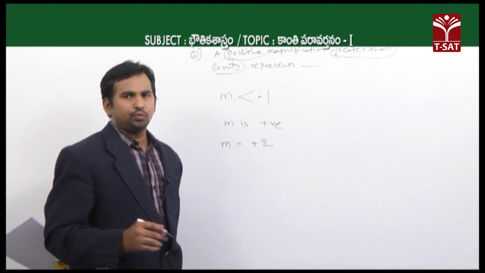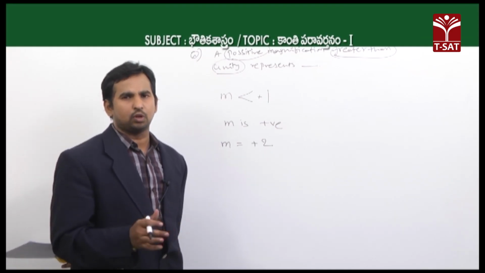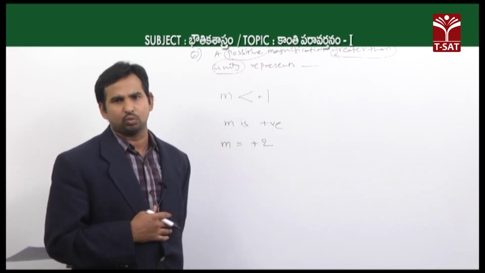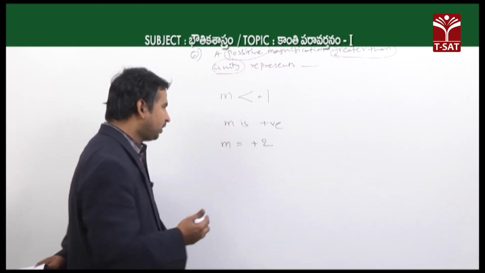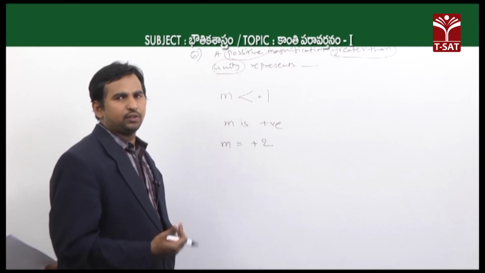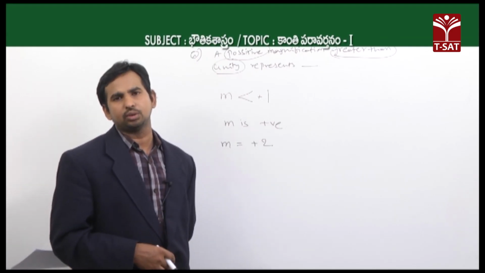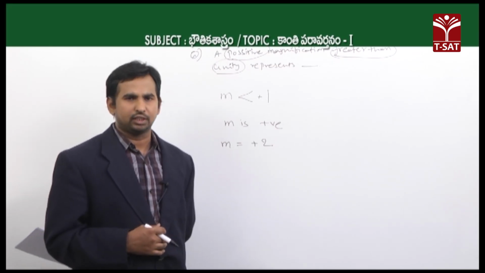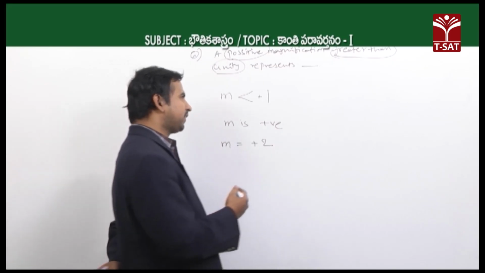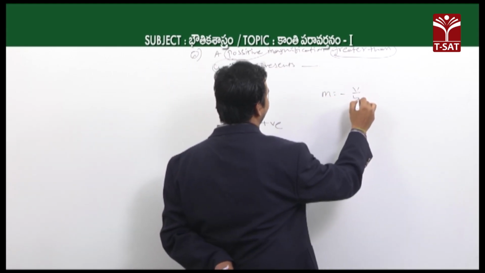Now, we know that positive or negative represents whether the image formed is an erect image or a virtual image. Following the rules for sign convention, any object above the principal axis is taken as positive, whereas below the principal axis we take it as negative. In the case of the magnification formula, we know that m is equal to minus v by u.